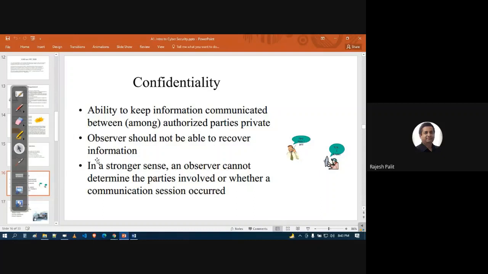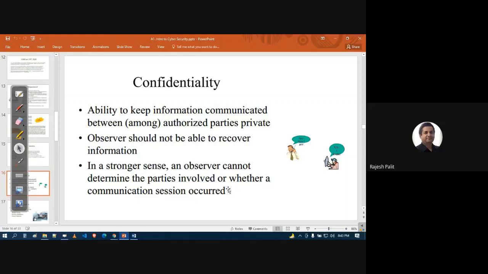In a stronger sense of confidentiality, an observer cannot determine that the parties are involved or whether a communication session has occurred. That means the communication should be done in such a manner that the attacker cannot even determine that a communication has been done. মানে communication ওরা যে কথা বলছে অথবা তারা যে data exchange করেছে, even the attacker may not detect that. Okay, this is also important.